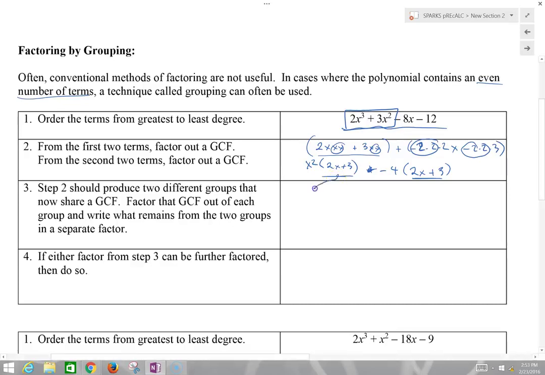This factor is 2x plus 3. So when I take this out of here and this out of here, what do I have left? I have x squared minus 4. And then of course, we're not done because x squared minus 4 is x plus 2, x minus 2.